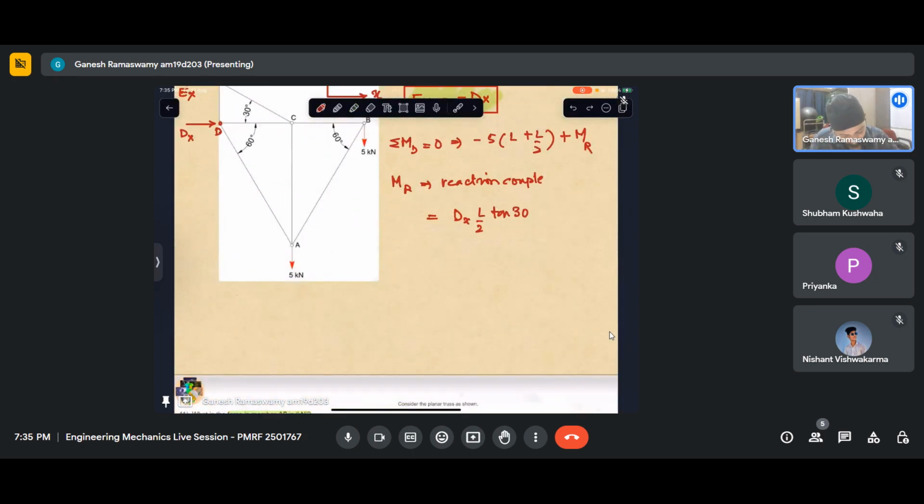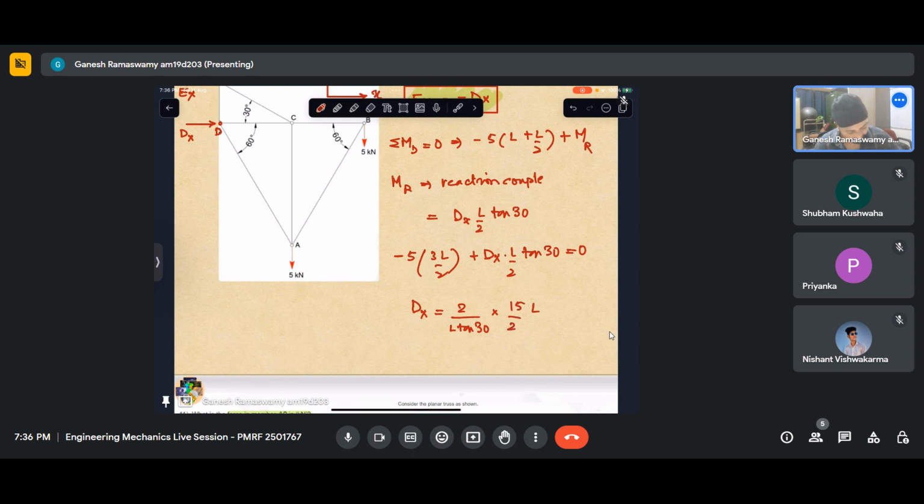So it will be minus 5 into 3L by 2 plus dx into L by 2 tan 30 equaling 0. So can I calculate dx from here? Essentially L gets cancelled out. So I have 2 by L tan 30 into 15 by 2L.